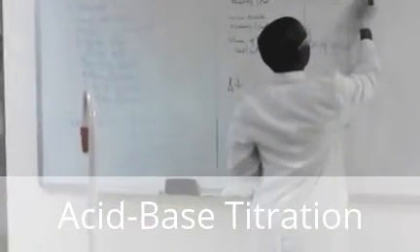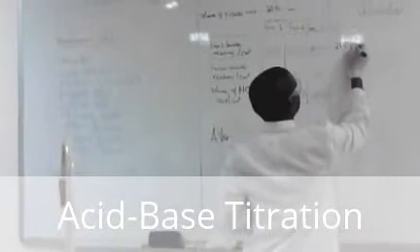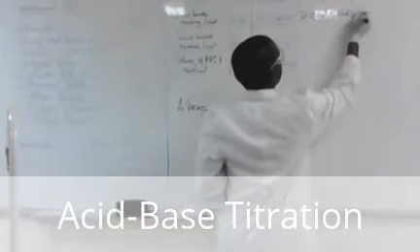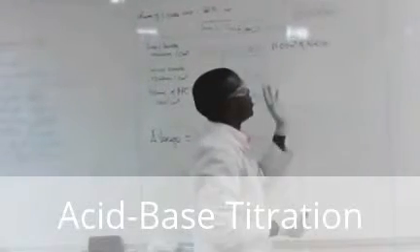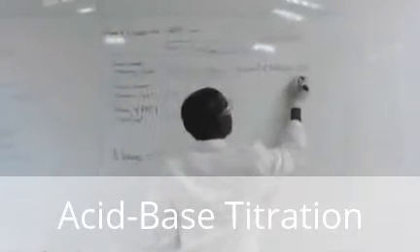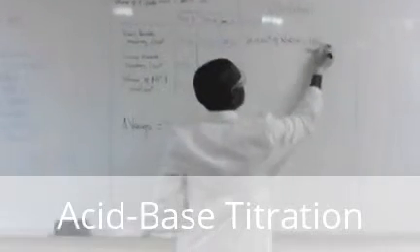So 25.0 cubic centimeters of sodium hydroxide. In order to convert it into decimeters cubed, we get 25 divided by 1,000.